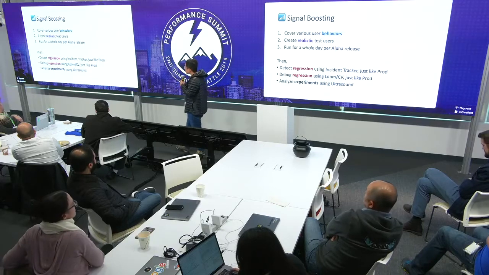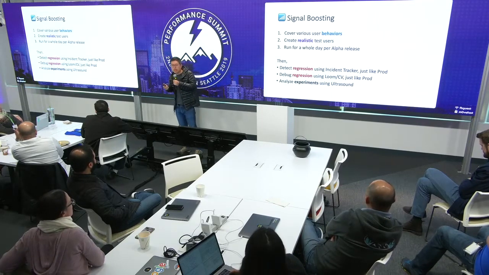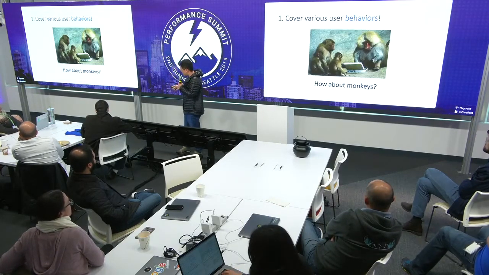And then we just keep running the system for days as if it's being used by real users. Then we can hope to detect regressions, as if we are detecting things in production. And we can try to debug regressions with the profilers or tracing tools that are supported in production. And also, hopefully we can also do A/B testing analysis in production.